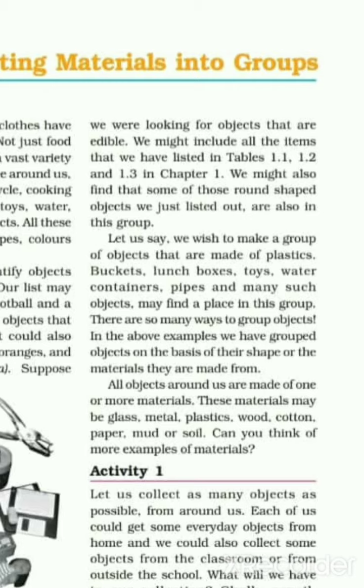Suppose we take the example of roti, then what ingredients does it include? One is atta and water. Suppose we take the example of dal, then the ingredients needed are pulses, water, salt, ghee, spices. So in tables 1.1 and 1.2, these are the ingredients we needed for any food item.